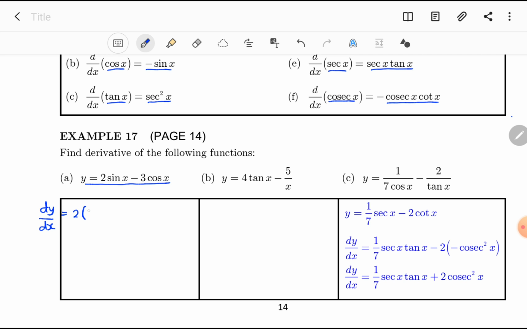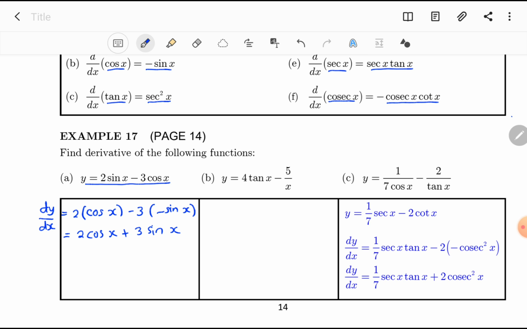Differentiate sin x is cos x. And then minus 3. Differentiate cos is negative sin x. So the answer is 2 cos x plus 3 sin x.